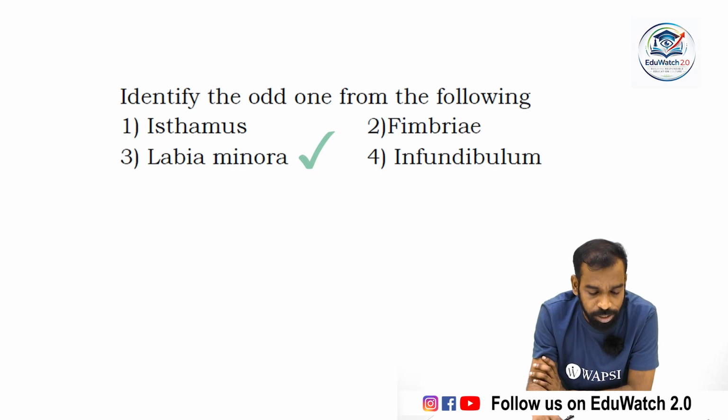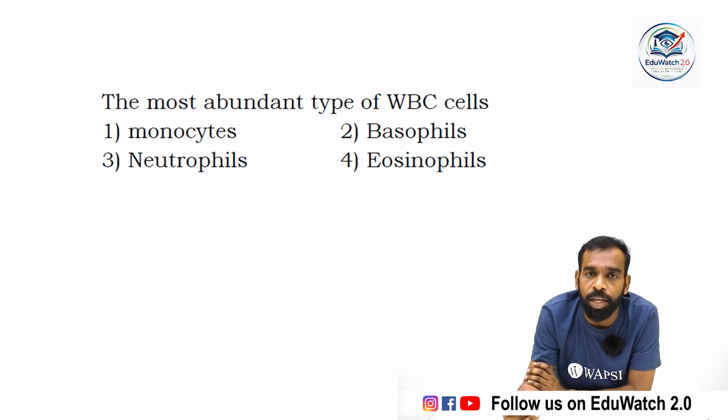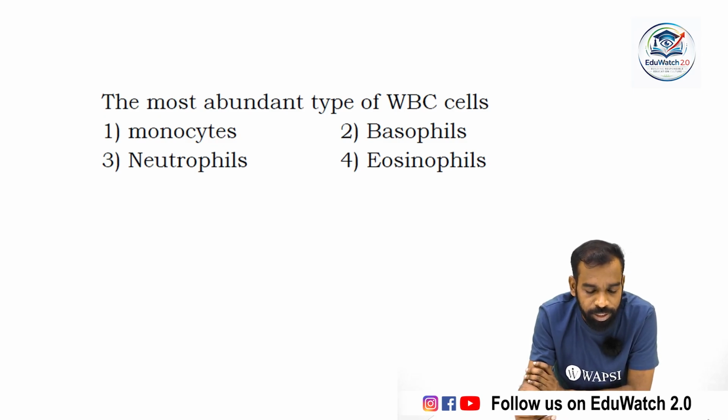Move to next question. The most abundant type of WBC cell. WBC means white blood corpuscles. First one is monocyte, second is basophil, third is neutrophil, fourth is eosinophil. You know, 60 to 65% of the WBC count is nothing but neutrophil. So the most abundant type of WBC is neutrophil.